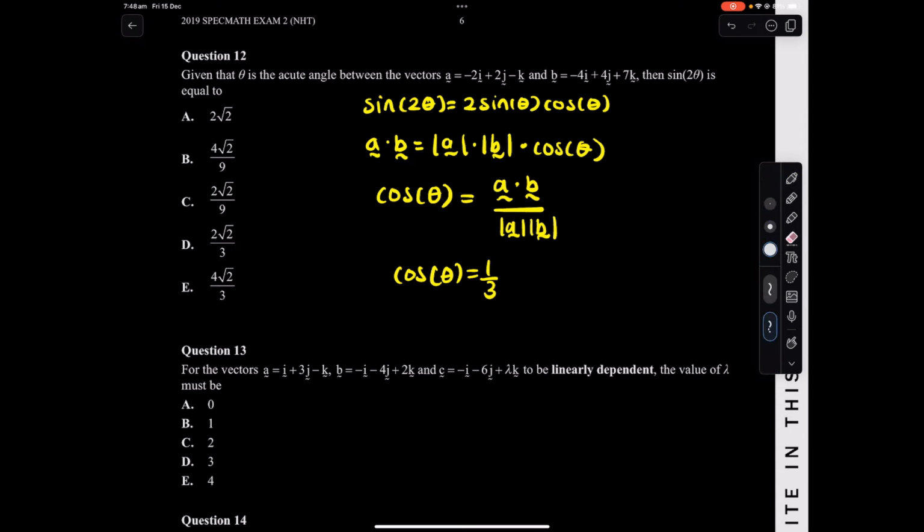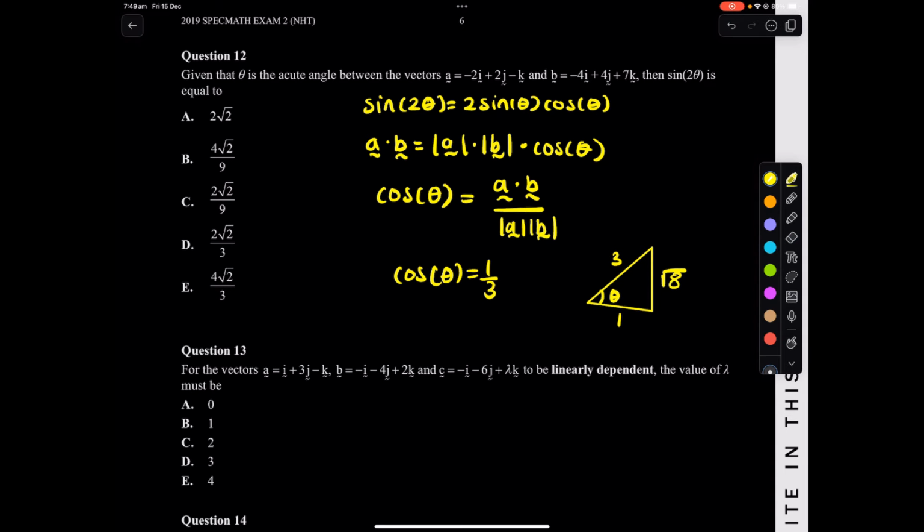That's great. We have cosine theta. How do we get sine theta? Well, if we draw a right angle triangle, we know this is theta. So remember, our cosine is adjacent over hypotenuse. So this is 1 and this is 3. So we need to find this over here. By using Pythagoras' theorem, it's going to be the square root of 9 minus 1, which is root 8.